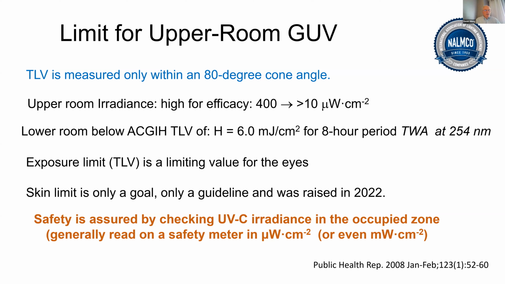So remember that the exposure limit, the TLV, is a limiting value for the eyes. The skin limit, according to ACGIH, is really only a goal, at least for sunlight, because it was considering the more sensitive individuals.